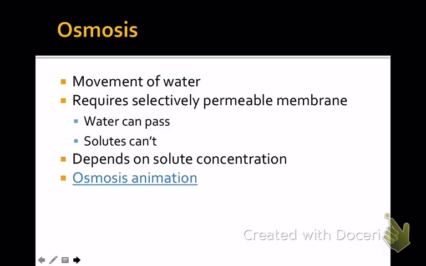Okay? So in the case of osmosis, you're always comparing two sides of a membrane. Here's a cell, and the water can easily go, but I've got some solute that cannot get across the membrane.